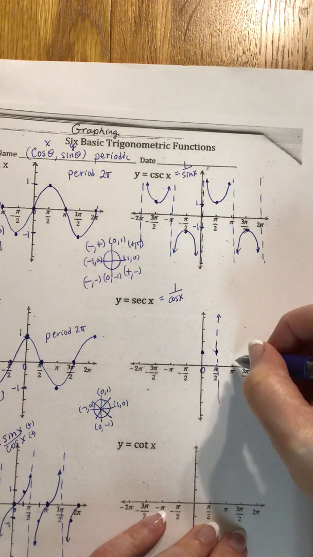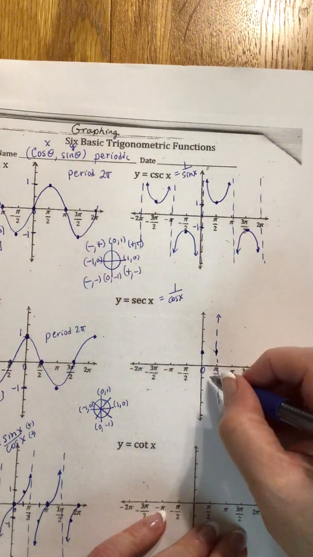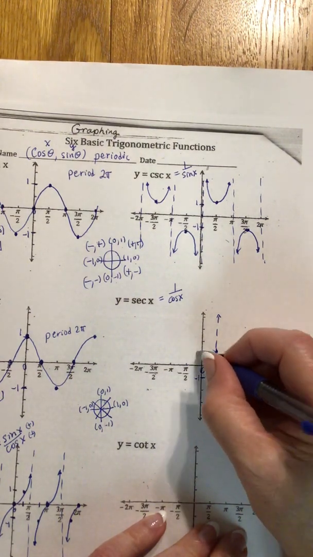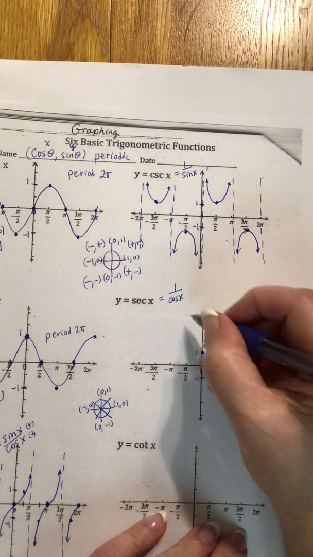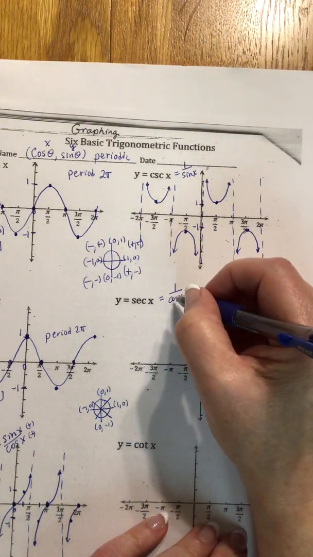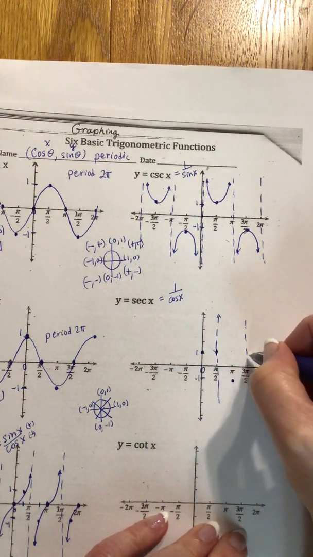At pi, cosine of pi is going to be negative 1. At 3 pi over 2, cosine is 0, so I have 1 over 0, which is going to be an asymptote.